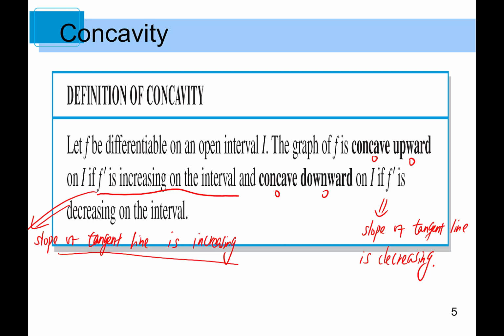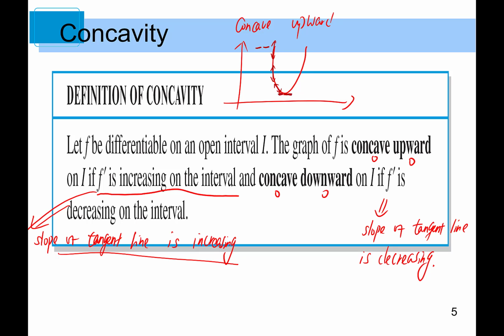Let's take a look at how we interpret this. Let me show you. This is concave upward, a typical case. As you can see, if you draw the tangent line, you start with a very small negative number, then keep getting bigger until we reach 0.